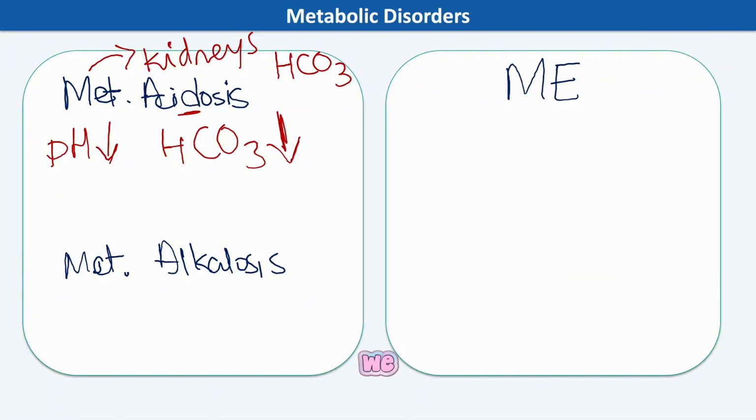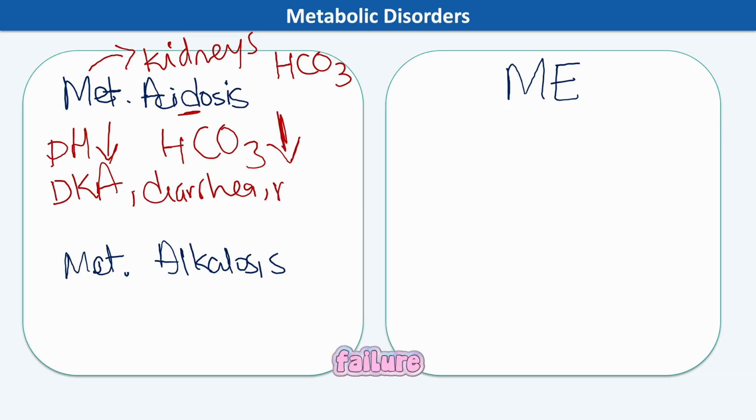And when does a patient end up with metabolic acidosis? You want to remember DKA, which is diabetic ketoacidosis, diarrhea, renal failure, and shock.